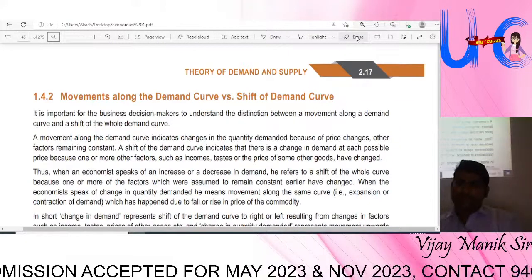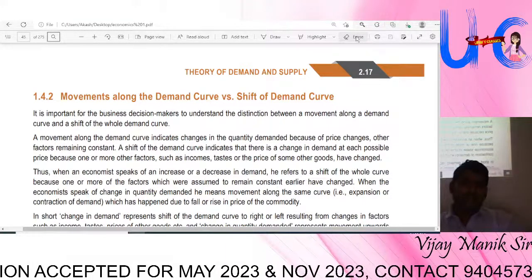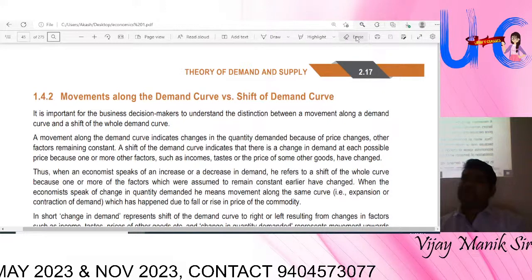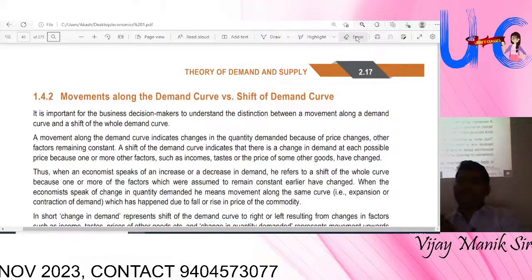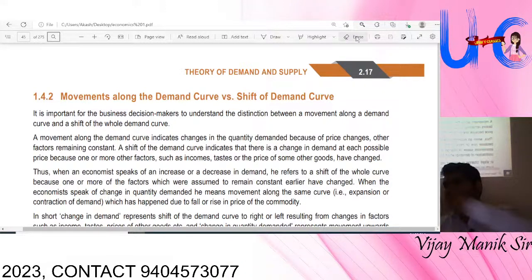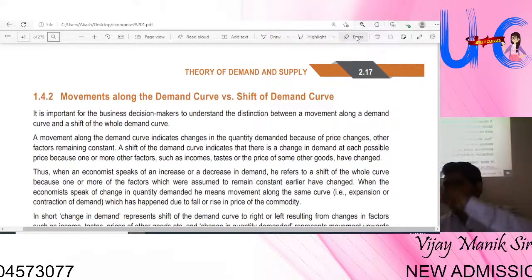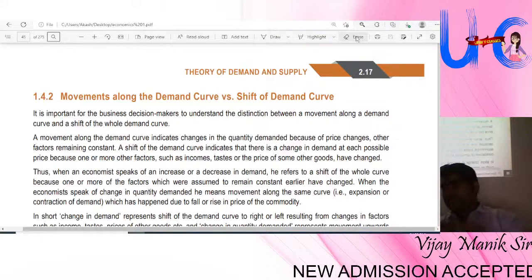Movements along the demand curve versus shift of the demand curve. Movement, when we can see the movement in the demand curve. You know very well the demand curve. If it goes towards the right, then it is increase of demand.